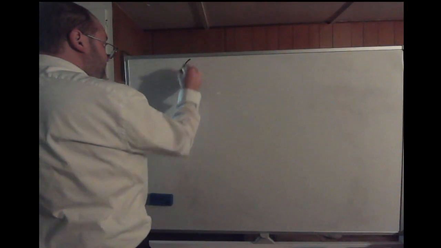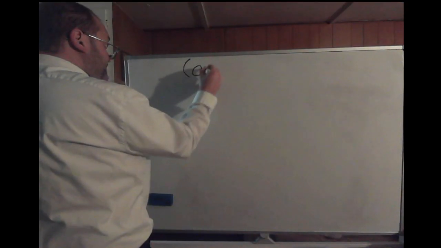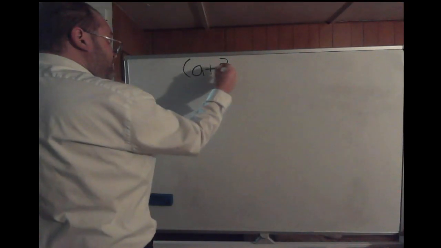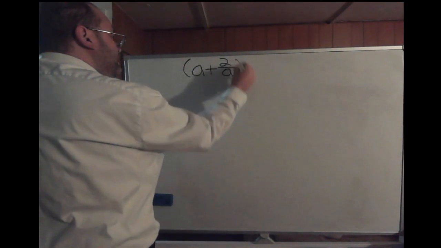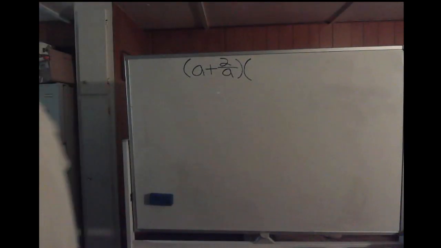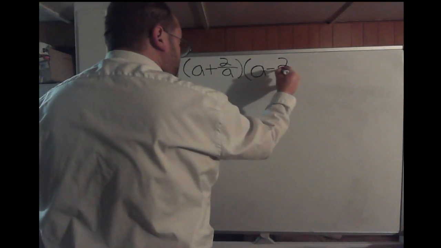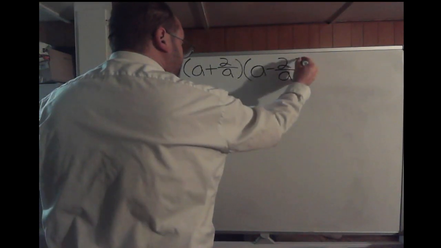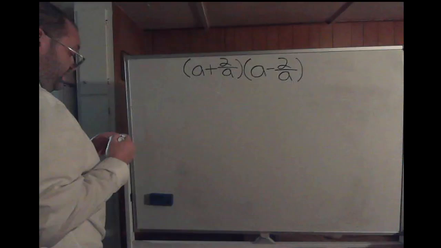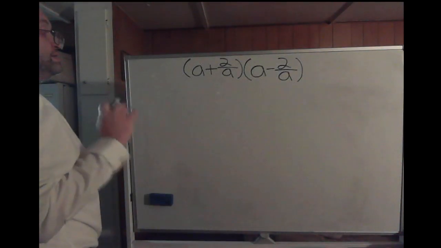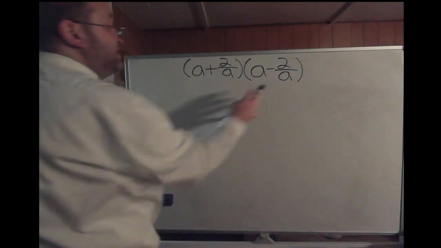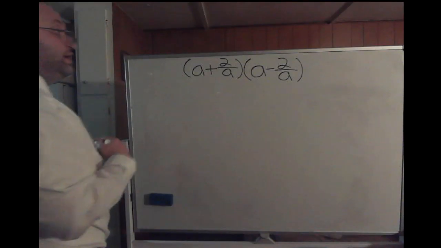Let's see. We have a plus 2 over a, that quantity, times a minus 2 over a. Well, does this not look like a factorization of a binomial square?